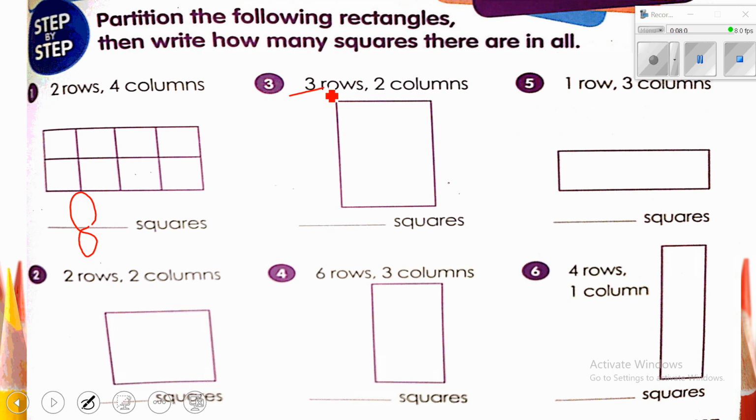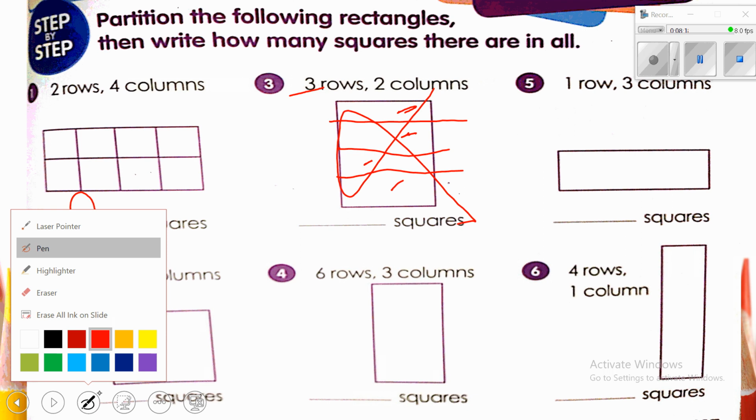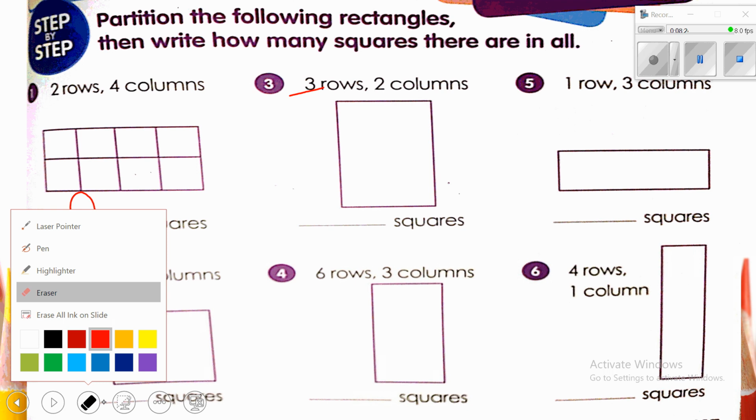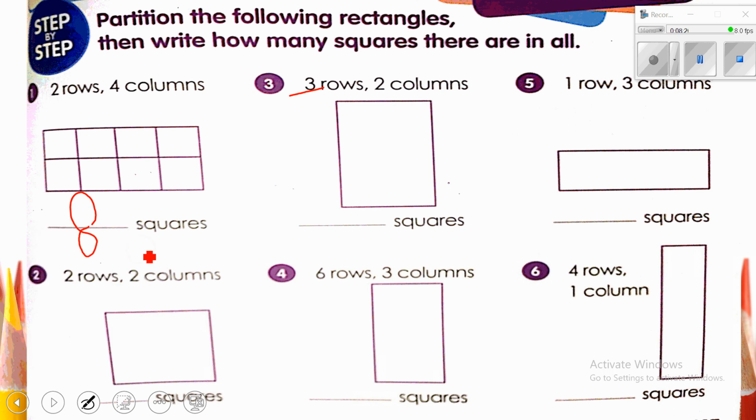They say 3 rows. Okay, teacher says 3 rows. 1, 2, 3. Teacher, this is not 3 rows. Can you count in between? Here is 1, 2, 3, 4. And it's wrong. Bring the eraser. It's wrong. So the teacher said it's the number of rows minus 1.